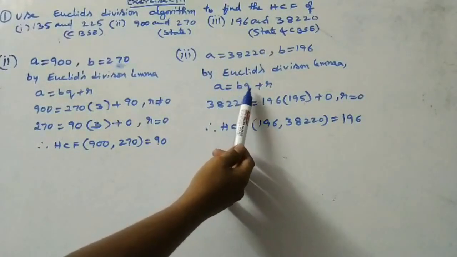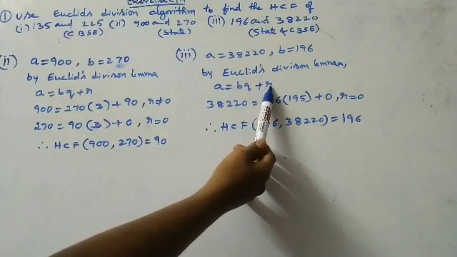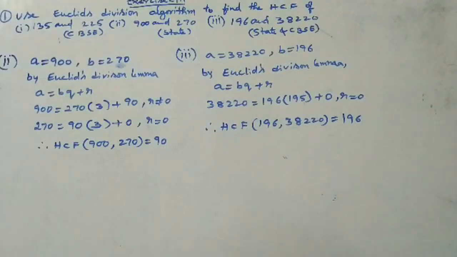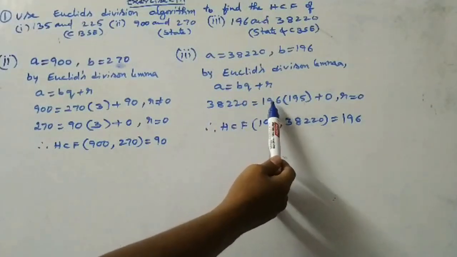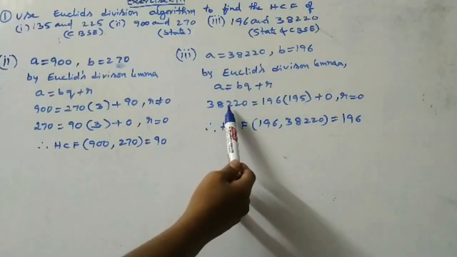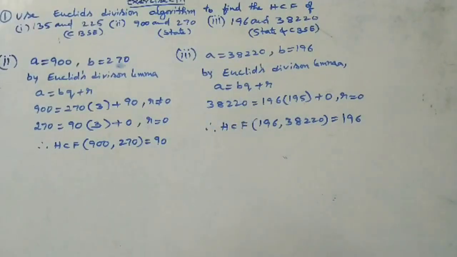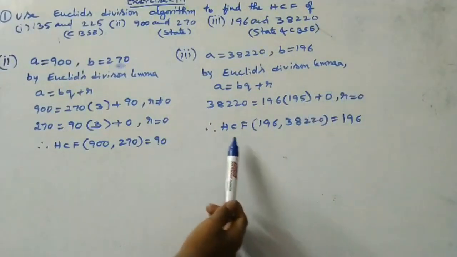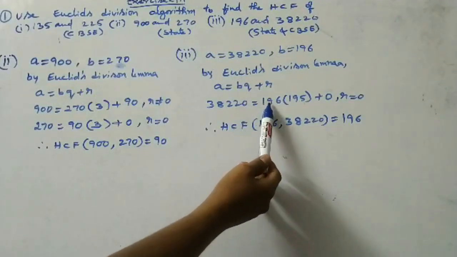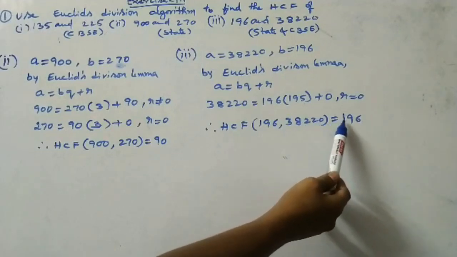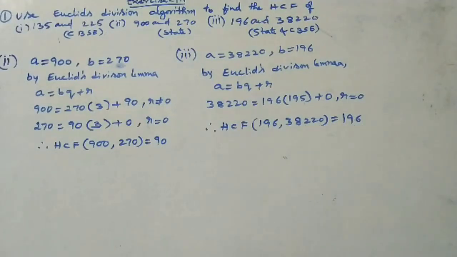Dividend is equal to divisor into quotient plus remainder. 38,220 is equal to 196 into 195, by observation or by doing, we will get 38,220. So we will get the remainder as 0. So R is 0, the HCF is the divisor 196. So HCF of 196 and 38,220 is equal to 196.